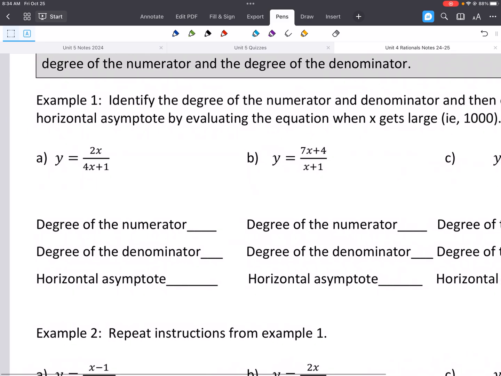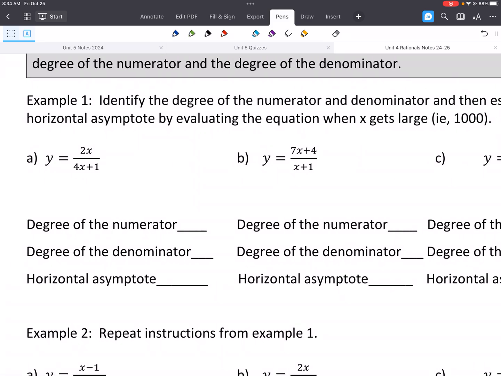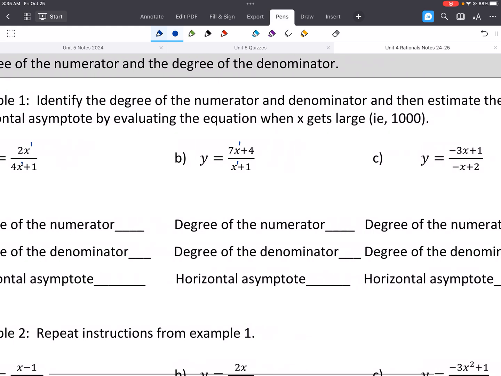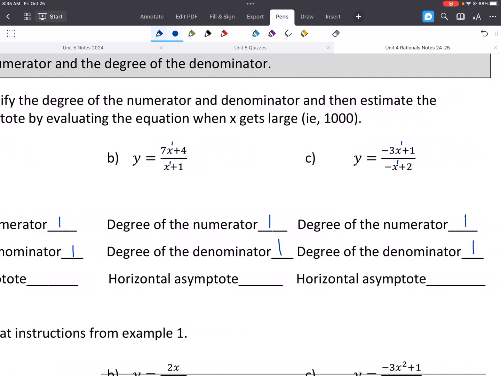There's some sort of pattern that has to do with the degree of the numerator and the degree of the denominator. For these examples, we all have degrees of 1. If we look at all of these x's, the highest exponent is 1. So the degree of the numerator and the denominator are 1 and 1.